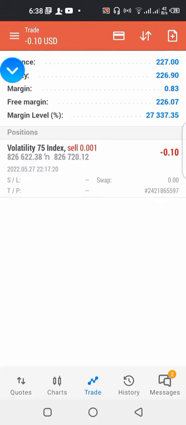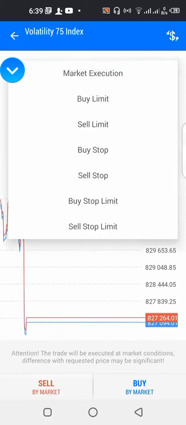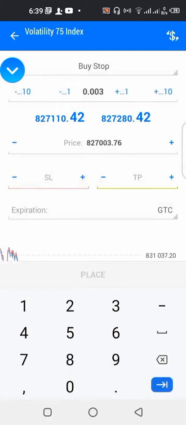All right. Now, this strategy involves you placing a trade and also placing a pending order to hedge that trade. Now, if I'm going to start with 0.001, my pending order will be multiplied by 3.